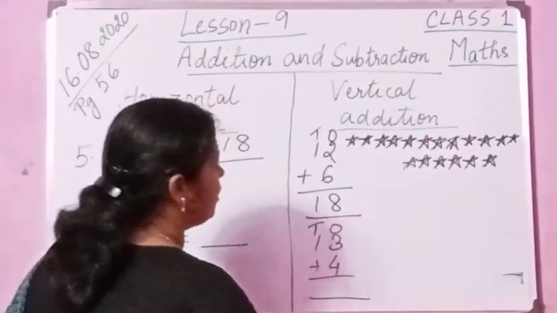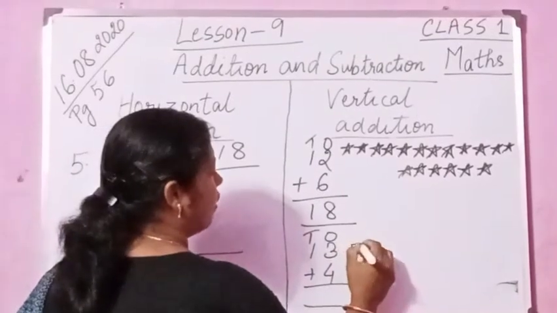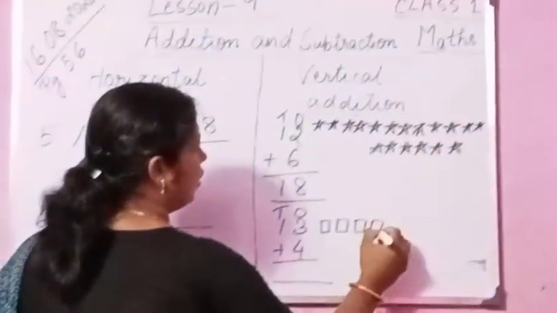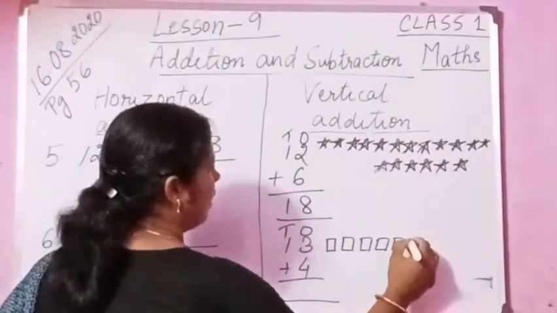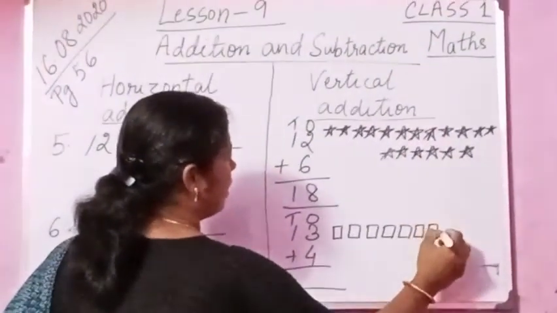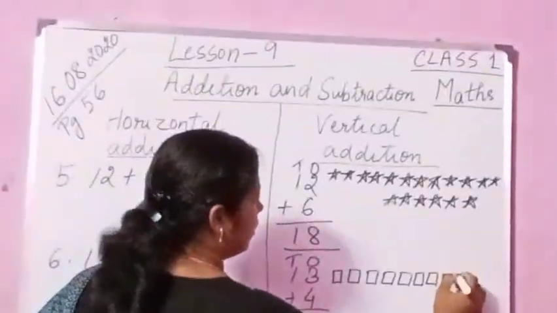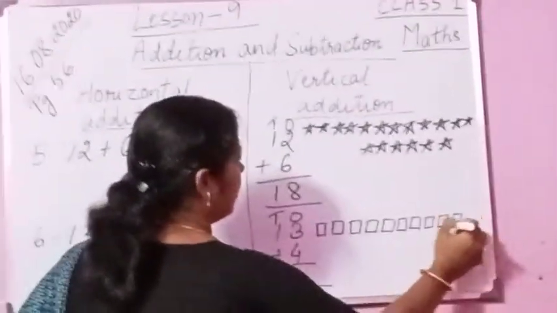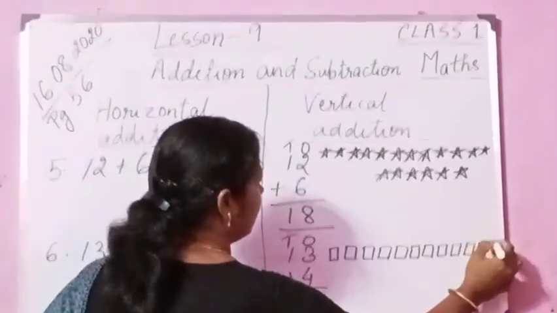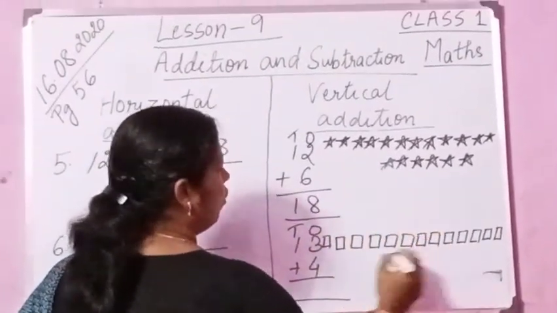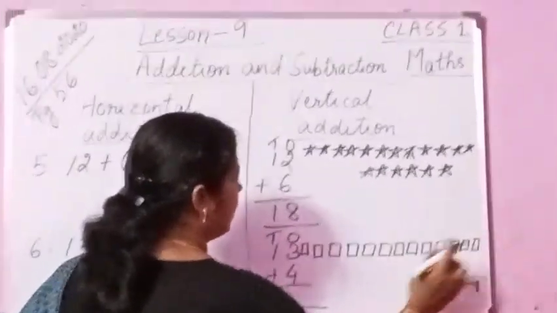Okay. So let us make squares. 13 squares. 1, 2, 3, 4, 5, 6, 7, 8, 9, 10, 11, 12, 13.